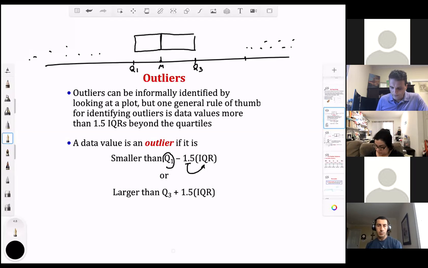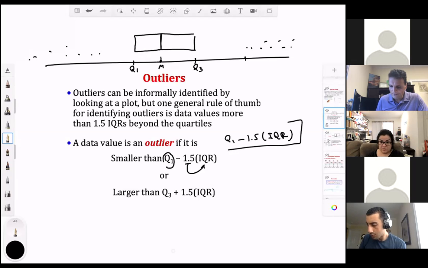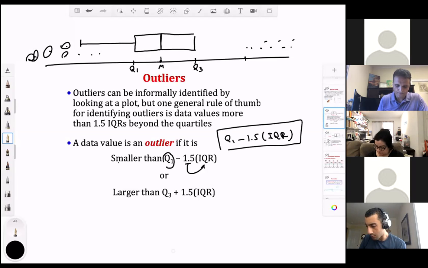So Q1 minus 1.5 times IQR, whatever number is less than that will be the outlier. So for example, we don't get those as an outlier, and I pick this as a minimum value. We do the same thing, Q3 plus 1.5 times IQR.